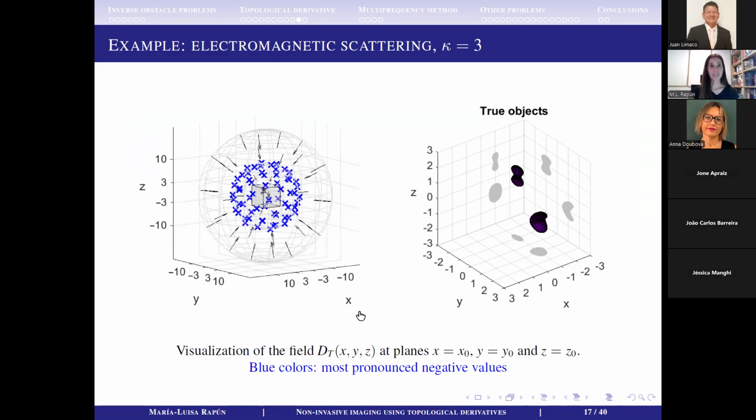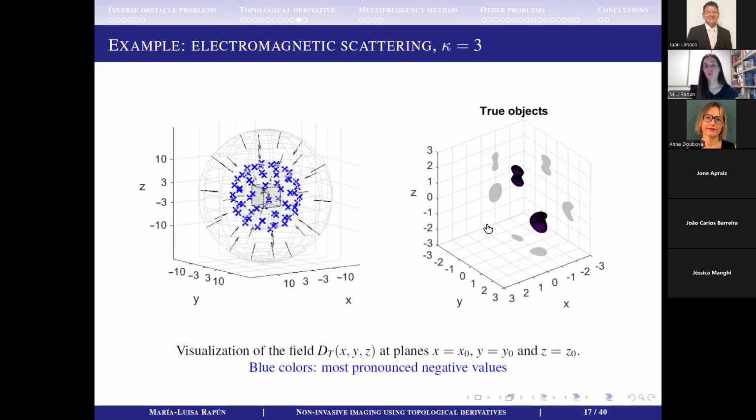In this case, we want to identify some objects that are inside this cube. For doing that, I'm going to evaluate the topological derivative at some different planes contained in this cube to try to identify my true objects, which are these two different objects here. In this case, I generate many different incident excitations from all these arrows, and my measurements were taken on the blue crosses.